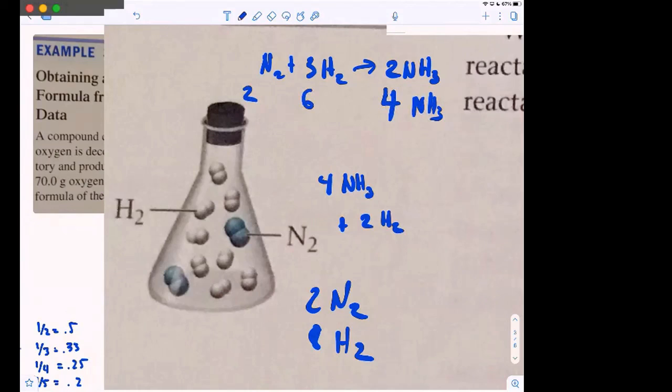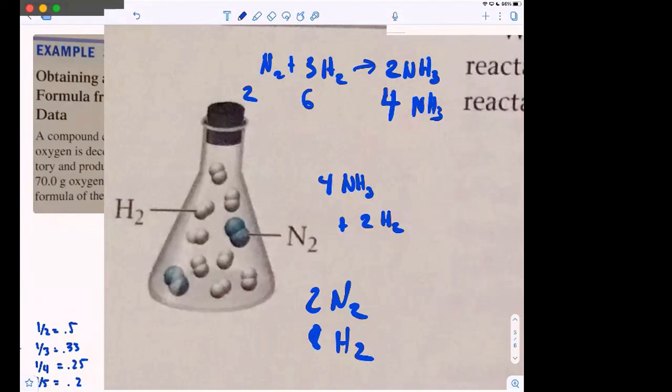But I mean, you're not going to have such small numbers of things, at least not really practically. You're going to have huge numbers, of course. So since we start off with 2 nitrogens and 8 hydrogens, and then 2 nitrogens react, 6 hydrogens react, we're going to have 2 hydrogens left over.